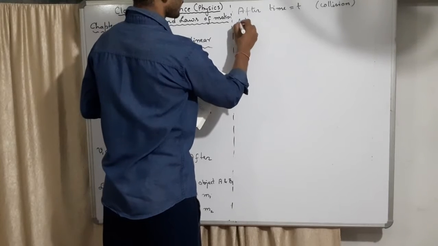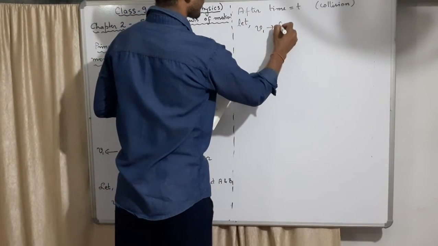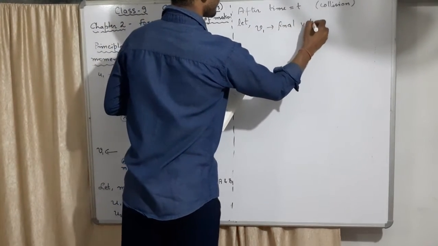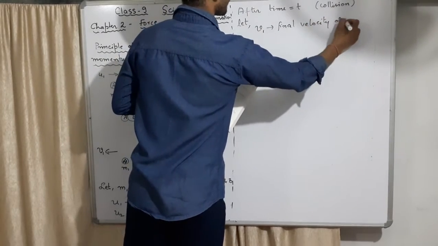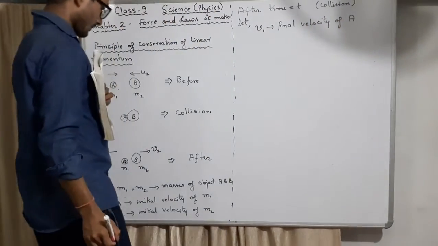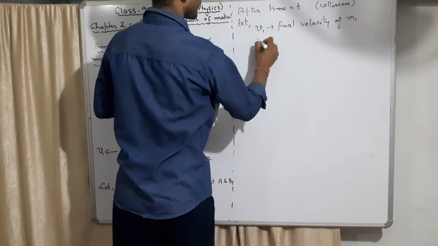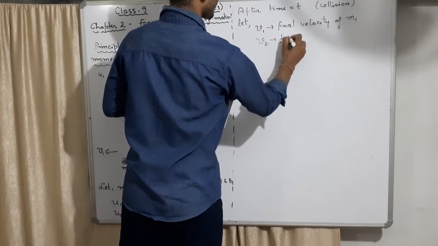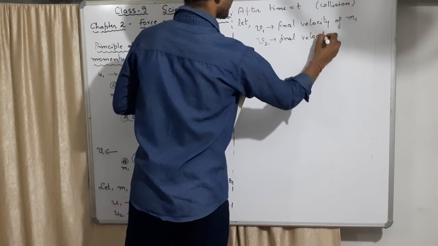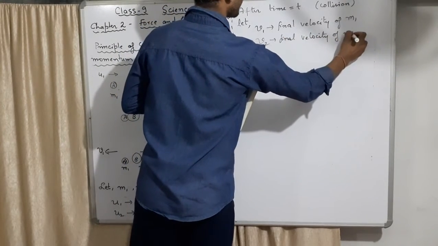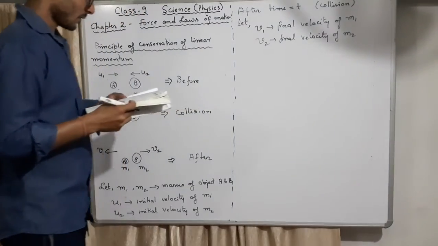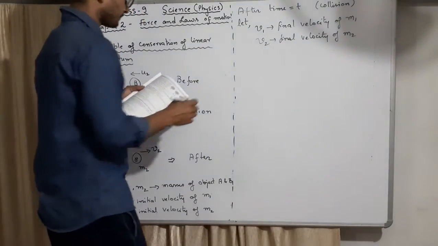Let V1 be the final velocity of A, or I should write M1, you can write A also. V2 is the final velocity of M2.